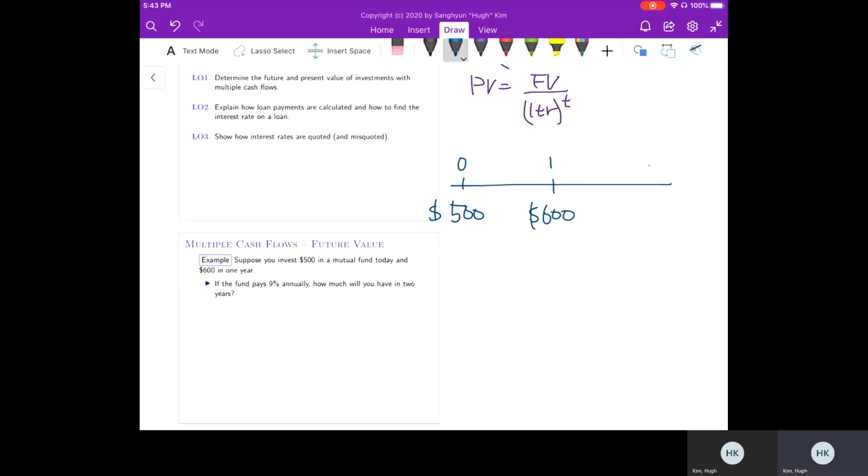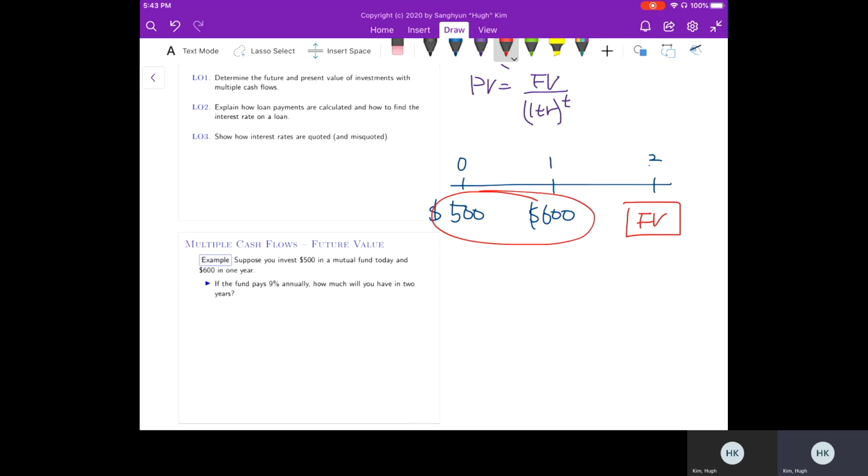If the fund pays 9% annually, how much will you have in 2 years? In other words, you want to know the future value of these cash flows.